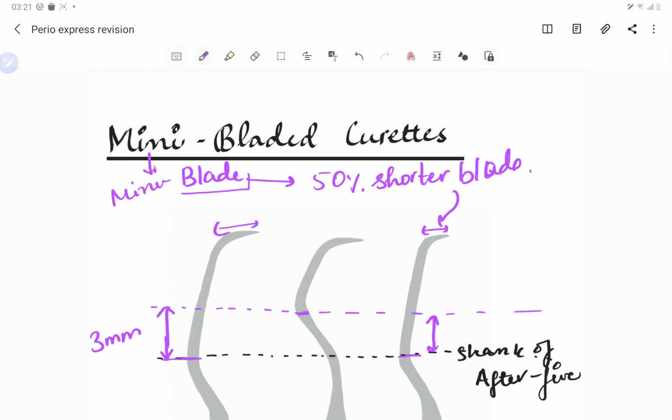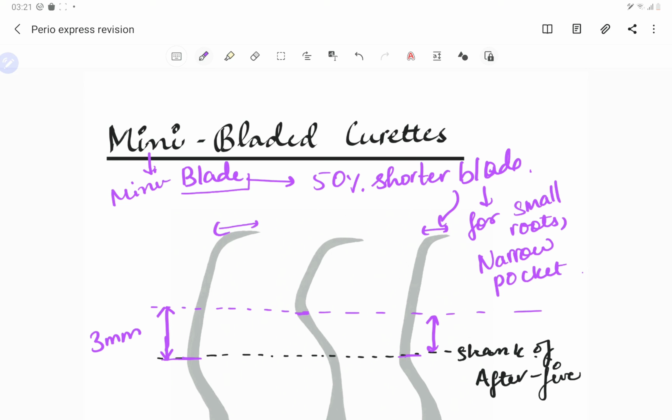So the mini blade has got the shorter blade for access to the smaller roots, so for small roots, and for narrow pockets, for narrow furcation. So this is the difference between the mini blade and the after 5.